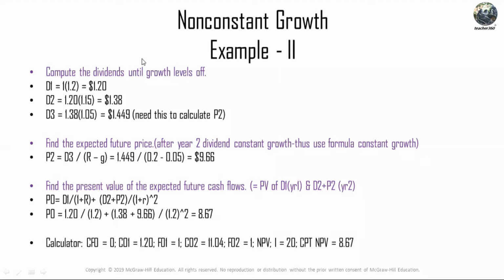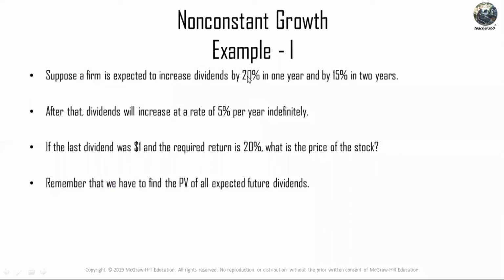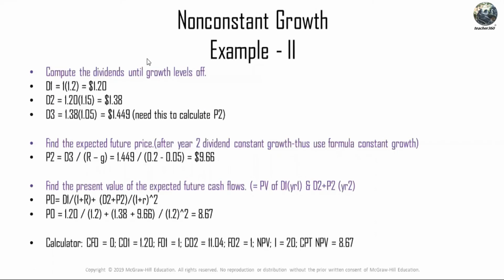Here you can see that the growth rate is 20% in year 1. The last dividend was $1. So the current dividend is $1 and the growth rate in year 1 is 20%. So 1 is your current dividend, then 1 plus 20% growth rate. If you multiply it, you will get 1.20 as dividend.